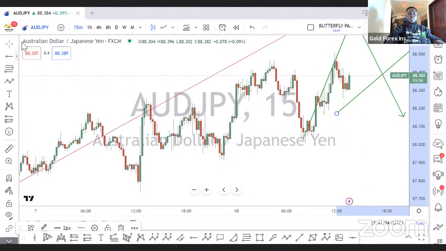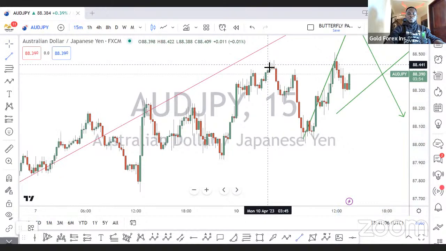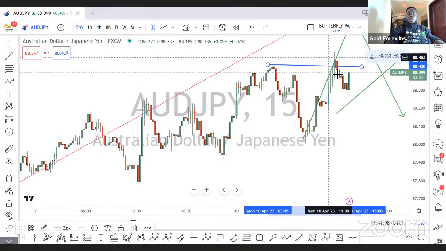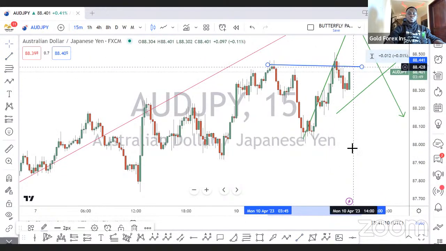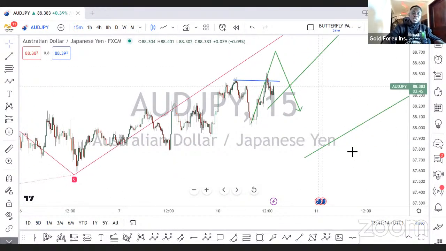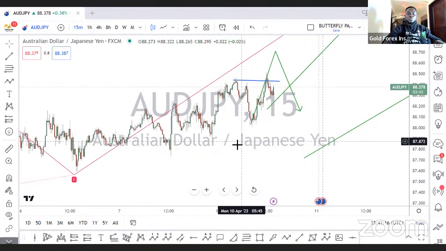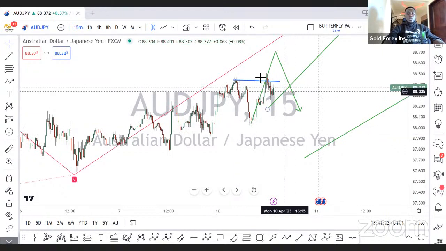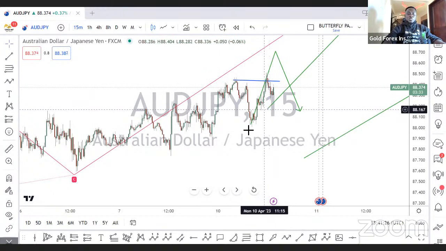You've seen that this one has broken here. It comes in, so it's also even good to enter. But if you enter, you see that your stop loss will be huge, because it has to be here. So it's either you see more down to maybe here, then it becomes good risk to reward.